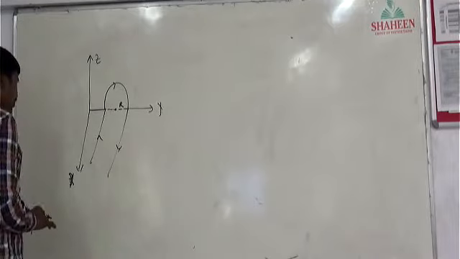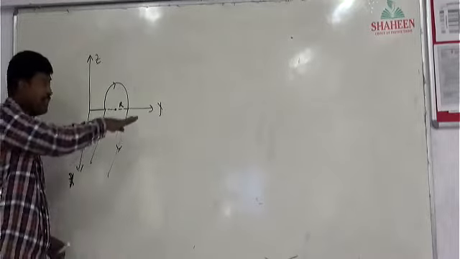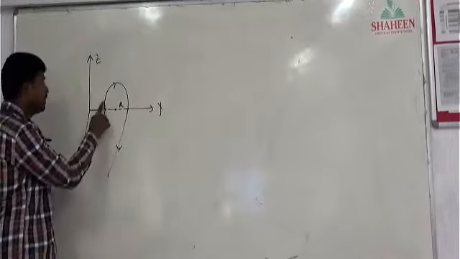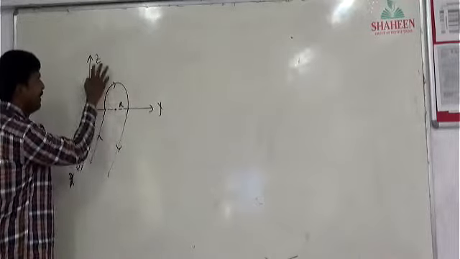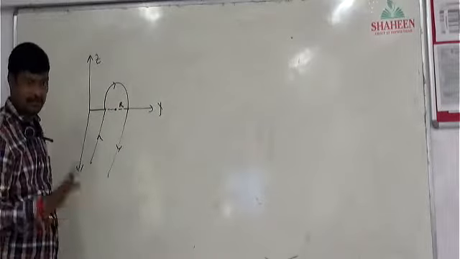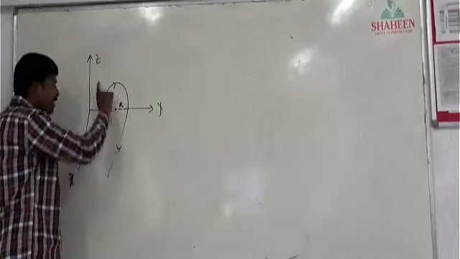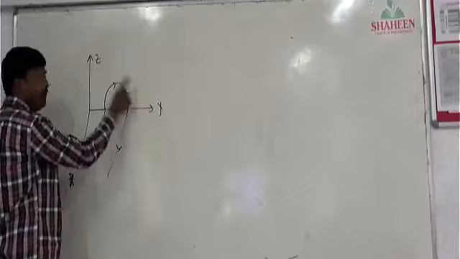Now look carefully. You need to understand, along the x-axis this is there. So this part is the ZY plane. They taken this axis as Y, this axis as Z, and the outward axis as X. Clear? Now this semicircular arc they mention is in the YZ plane.